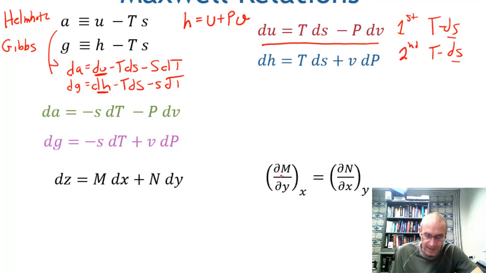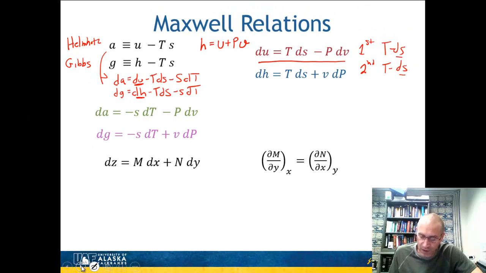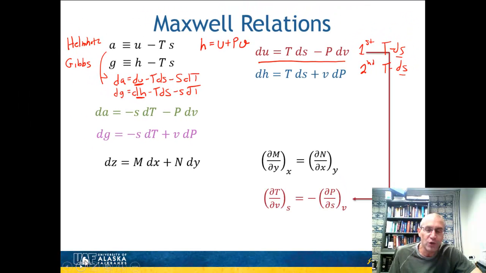Well, that would be the partial of T with respect to V at constant S. If you keep doing those one-to-one substitutions, you would arrive at this equation I show here: the partial of T with respect to V at constant S is equal to minus, and that minus arises from the minus in the TDS relationship, the partial of P with respect to S at constant V.